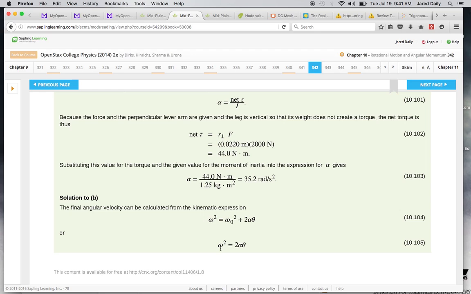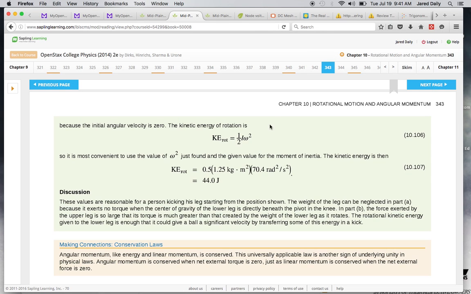Anyway, I guess they don't finish this problem here, but that's omega. Oh, they do finish it in the next part. So omega squared is equal to 2 alpha times theta, and they actually want to know the kinetic energy. We need omega squared for the kinetic energy, so we just plug it in.